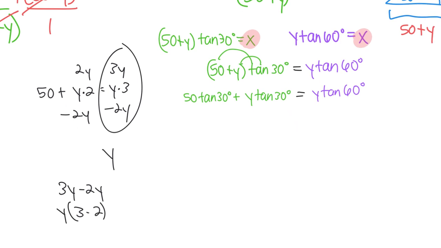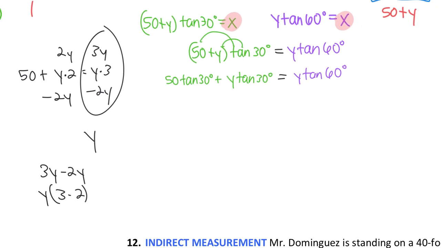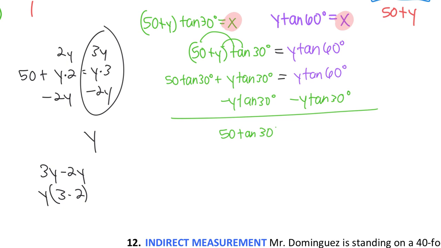So I'm going to keep that on the screen, keep that in mind when we're doing this. So we're going to subtract y tangent of 30 degrees from both sides. Oops. I tried to leave you room, but I know you have limited room. I should have given you more room for this one than the next one. All right, equals.